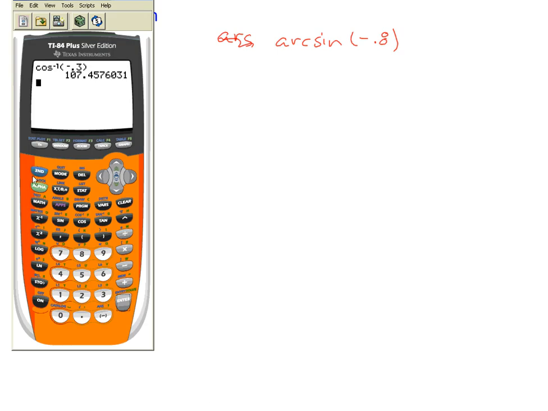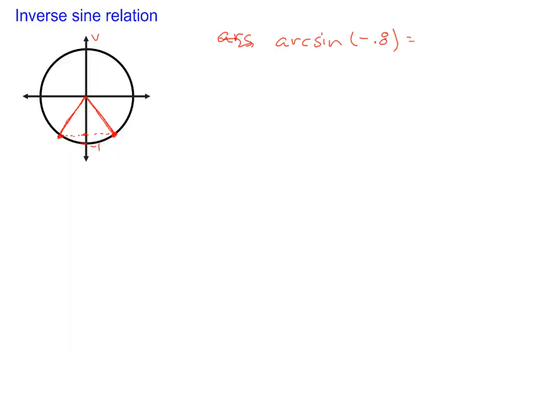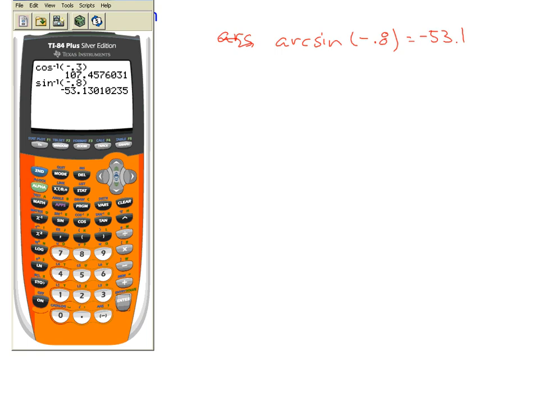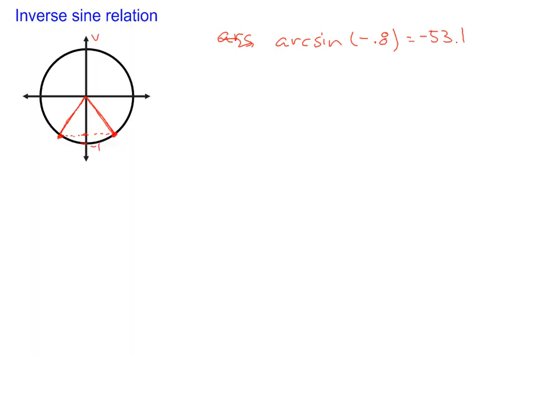Inverse sine of negative 0.8 is equal to negative 53.13 degrees. So that is telling me this angle is negative 53.13 degrees. And therefore, all the points here are negative 53.13 plus 360n.